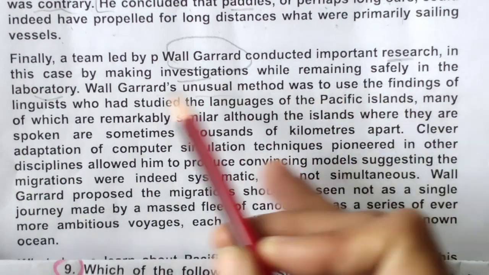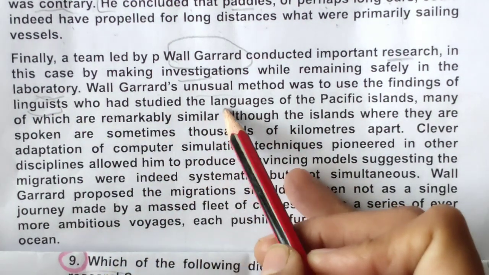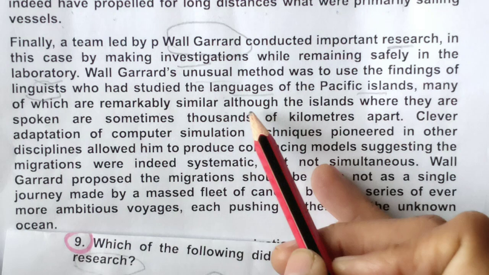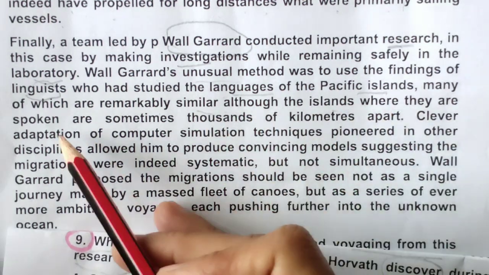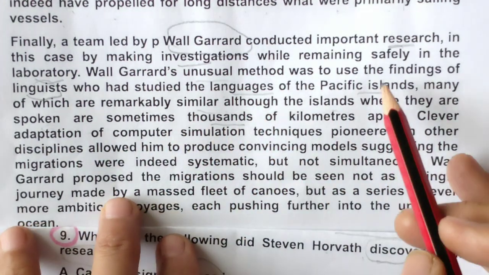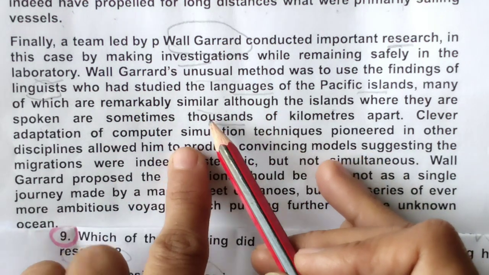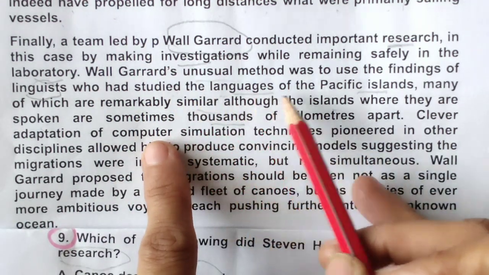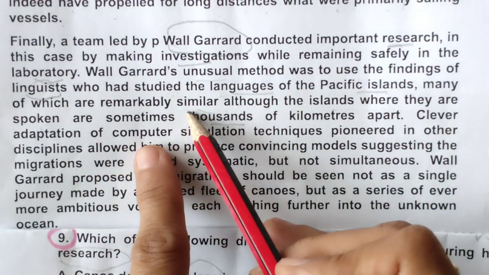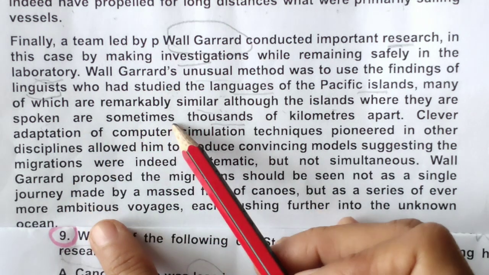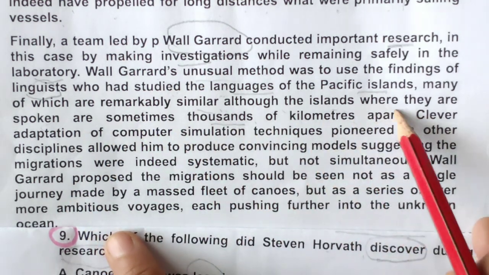An unusual method was to use the findings of linguists who had studied the languages of the Pacific Islands, many of which are remarkably similar through the islands where they were spoken, sometimes thousands of kilometers apart.